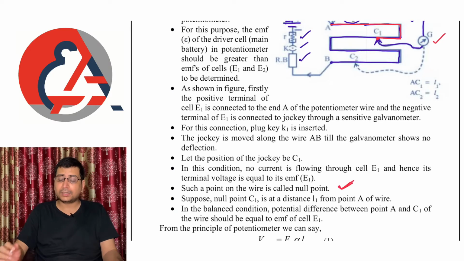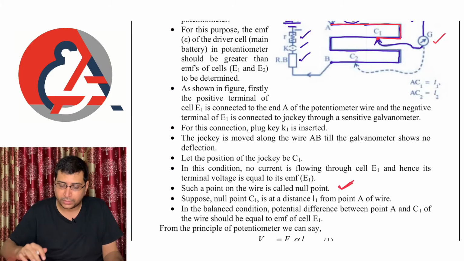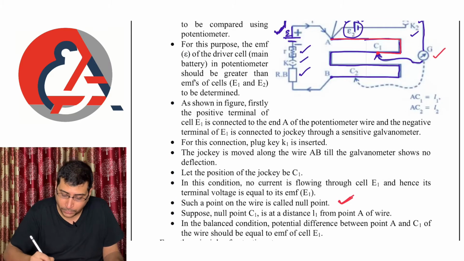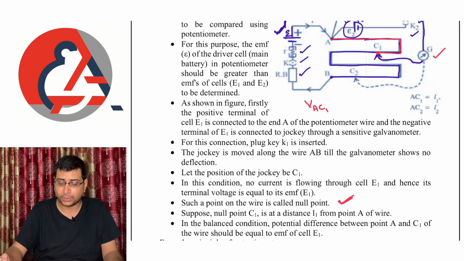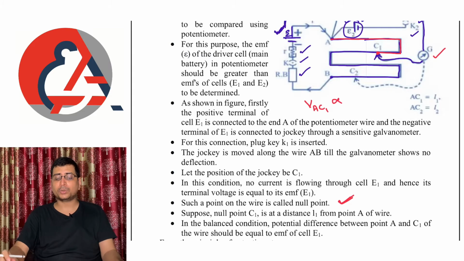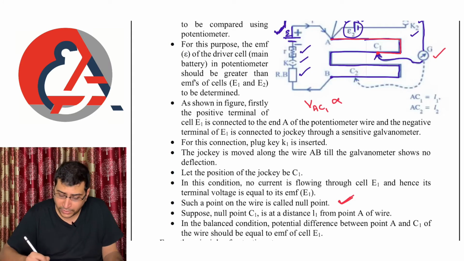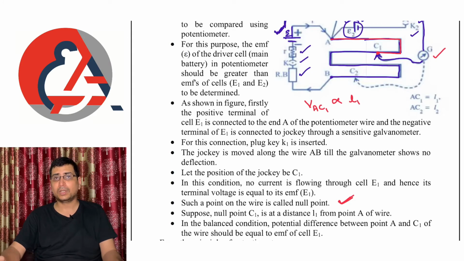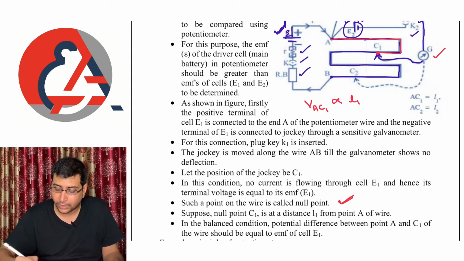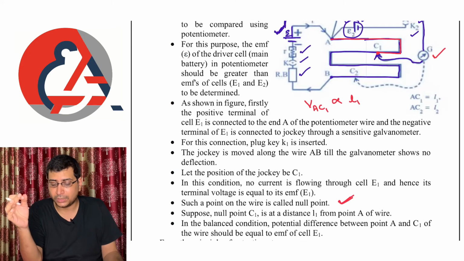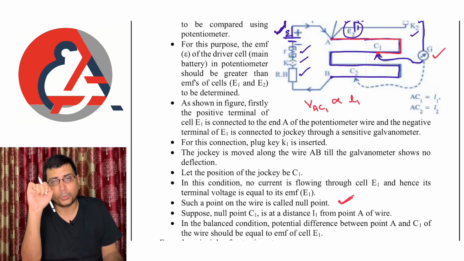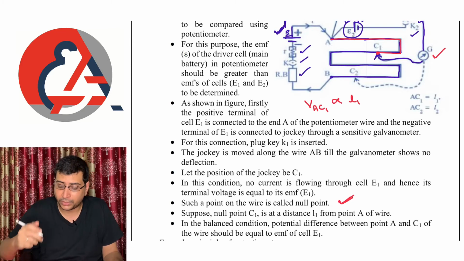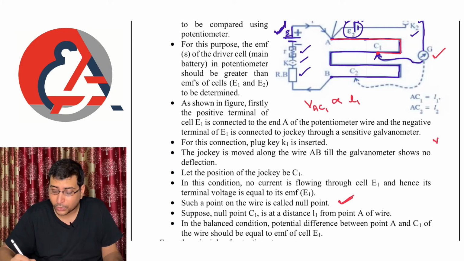Okay. At this instant, the principle of potentiometer comes into picture. As we know, the potential difference across the points A and C1 is directly proportional to the distance between the points A and C1. Let's say that length is L1. And one more important point is, during the null point condition, the circuit is going to become open. And we know that when there is an open condition, then the potential difference is equal to EMF.